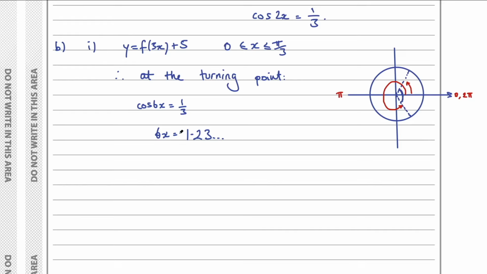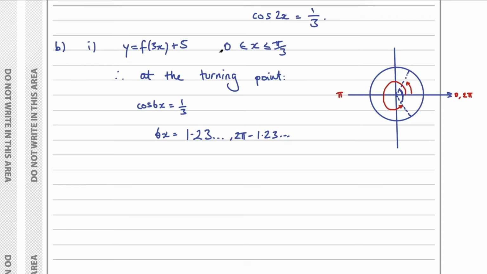So for our solution for 6x for the maximum turning point, we want to do 2 pi, take the reference angle. So for this statement, I just want to say the solutions to this would be 1.23 and 2 pi, take 1.23, etc. So there are our two solutions.